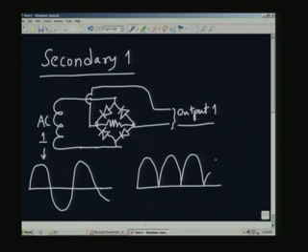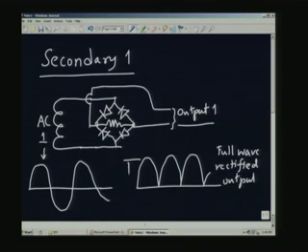Okay, this is the full wave rectified. Rectified means it is on one side only output, and this magnitude here we will call V maximum, V1 m or V1 maximum.